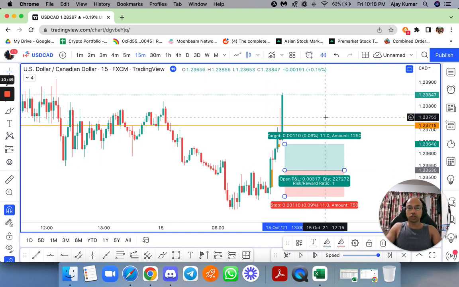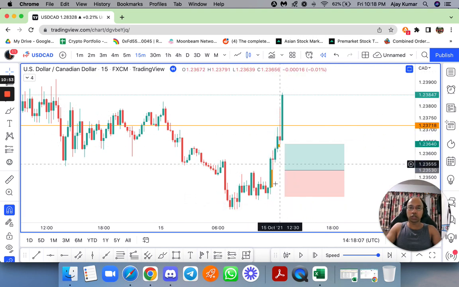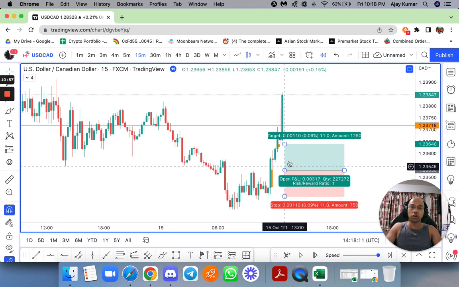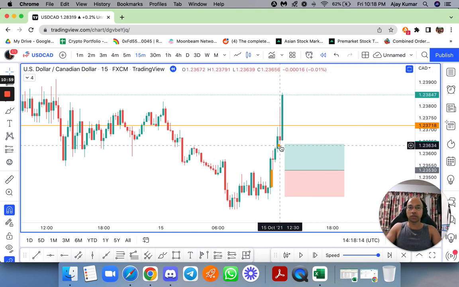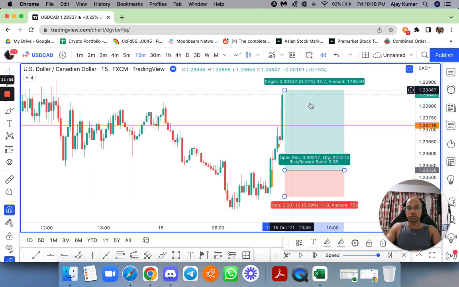But a lot of times, when price moves with such a big impulse, such a big displacement, it does not come all the way back down, and it might just come back to this fair value gap, or it might not even come back there. So I don't know.